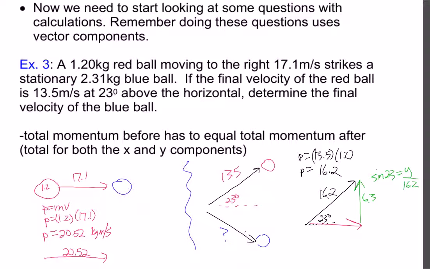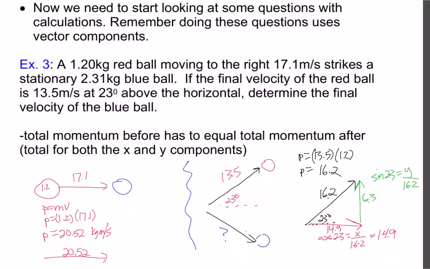Cos 23 equals x over 16.2, so cos 23 times 16.2 gives us an answer of 14.9. So in our diagram, let me erase so I have a little more room here. We have 6.3 going up, and then we'd have 14.9 horizontally.